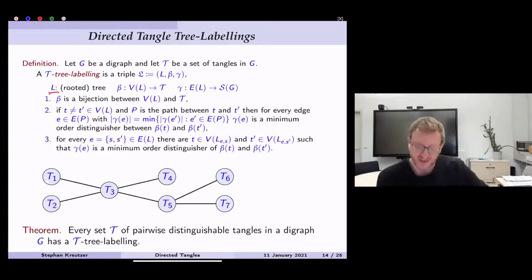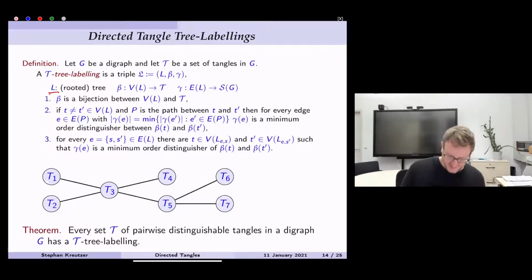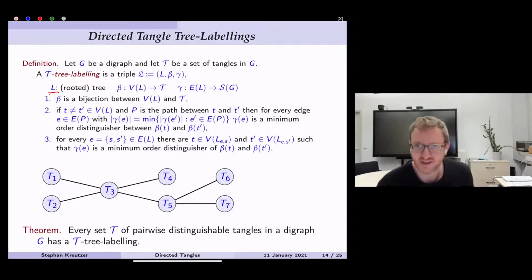But it comes automatically. All right, and the theorem I would like to prove is that every set T of pairwise distinguishable tangles in the digraph has such a tree labeling. And if you're interested in algorithms, if you give me a number k along with this set T, with the property that the tangles in here are distinguishable by order k separations, then we can compute this tree labeling fairly efficiently.